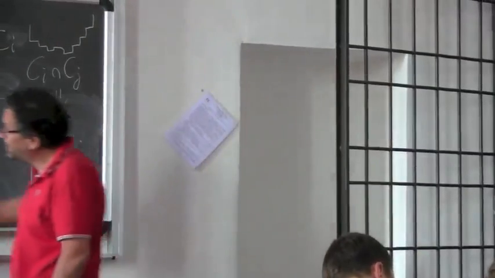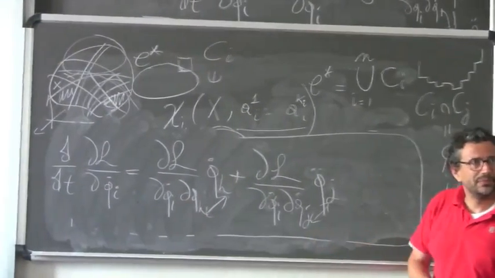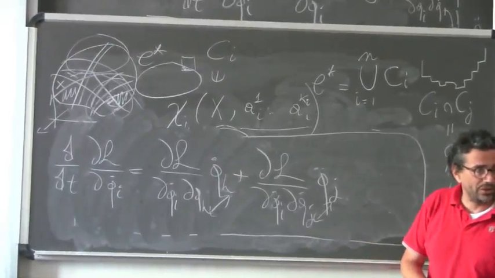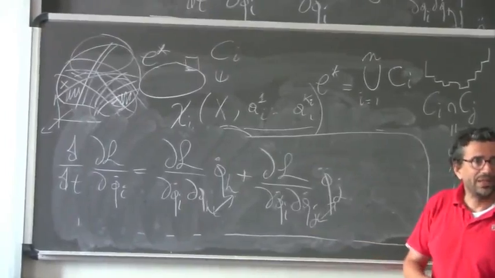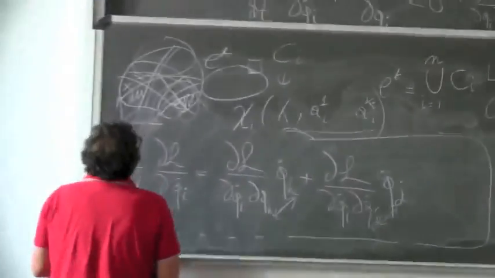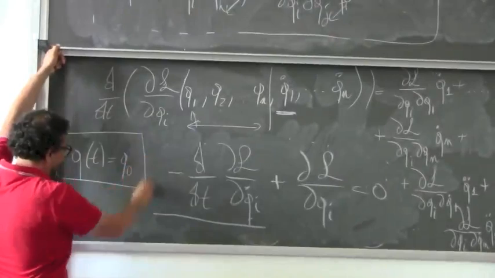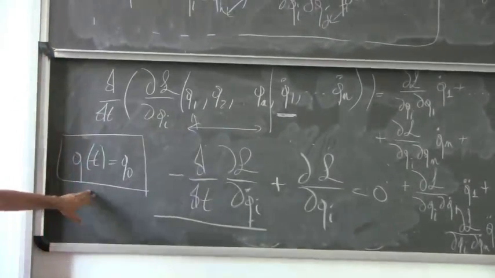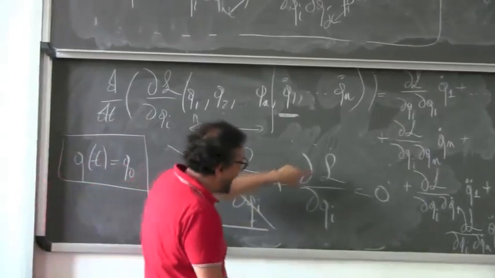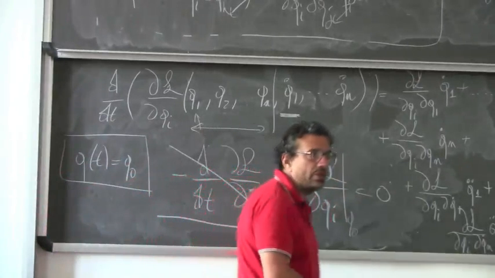So all these derivatives are 0. So the necessary and sufficient condition for having that Q0 is an equilibrium configuration of your system is that dL over dqi calculated in Q0 is equal to 0.